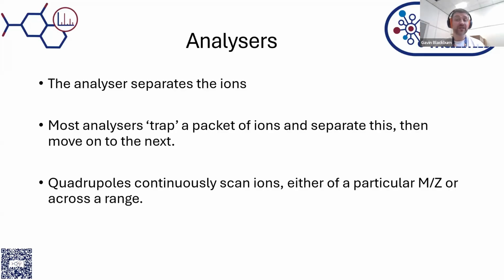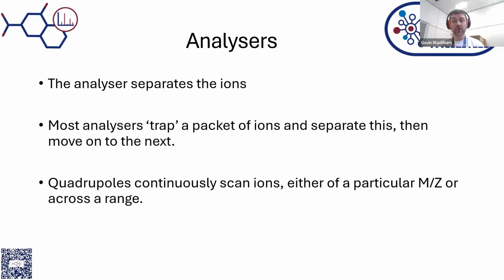Most analyzers work based around a trap method, which is where they take a packet of ions and they analyze that packet of ions completely, and then they move on to another packet of ions and analyze this.